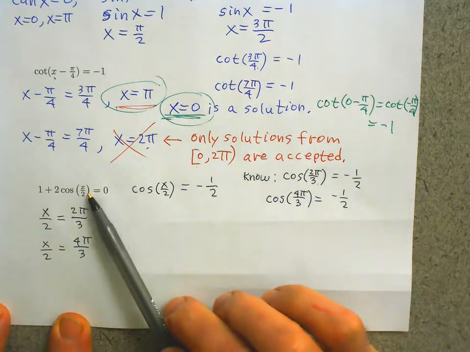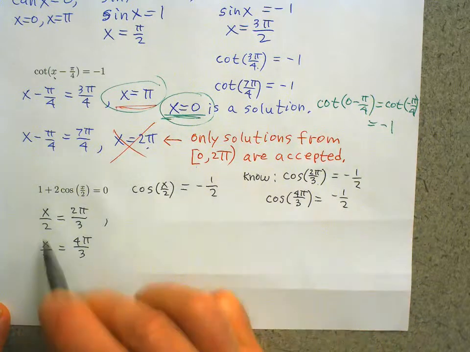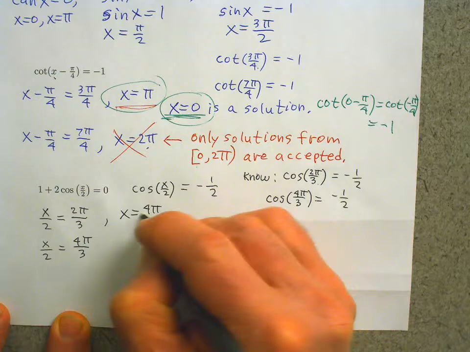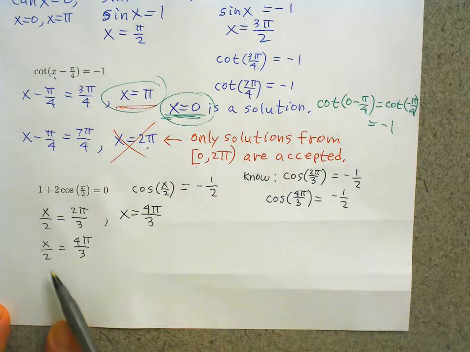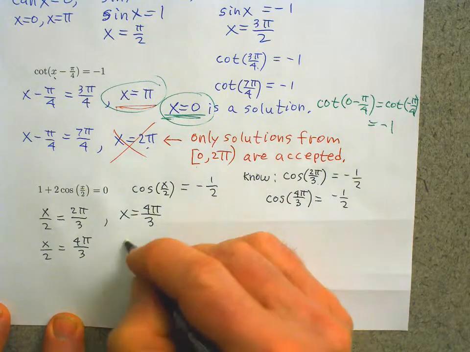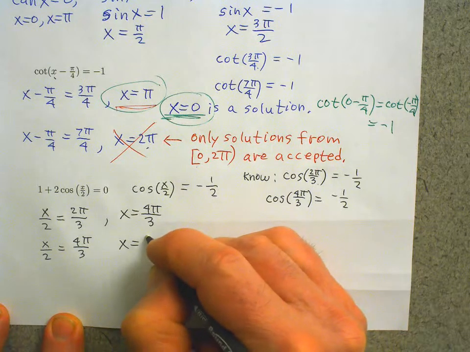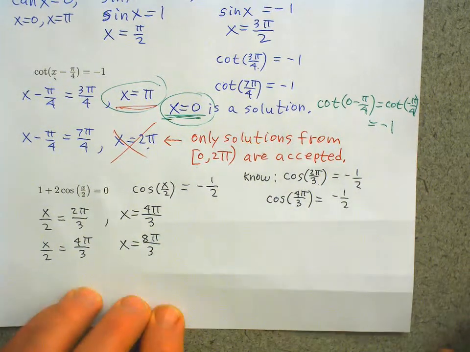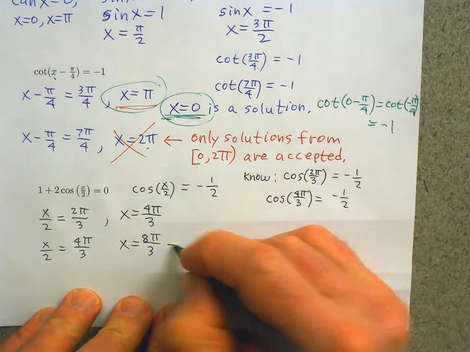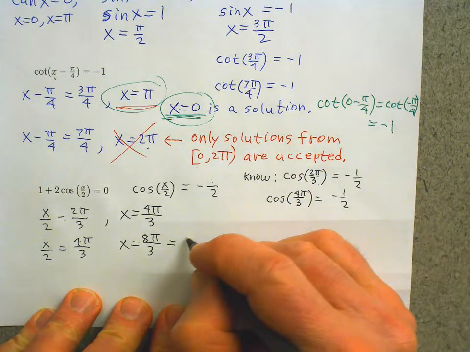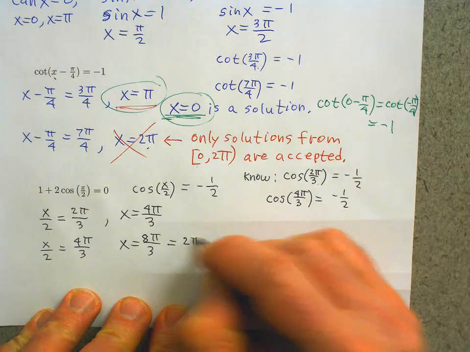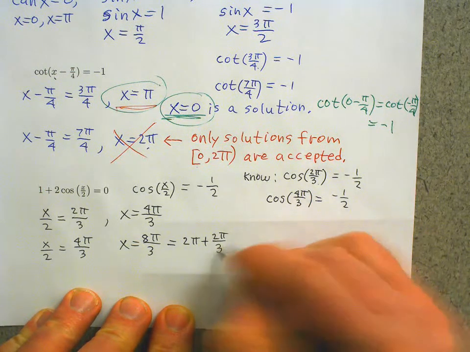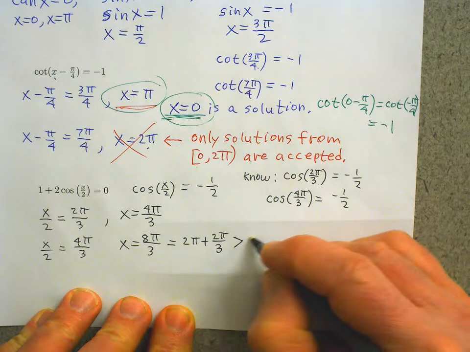That's the goal, solve for x. So multiply both sides by 2, we get x equals 4 pi over 3. Multiply both sides of this by 2, we get x equals 8 pi over 3. But notice that 8 pi over 3 is 2 pi plus 2 pi over 3. This is greater than 2 pi.